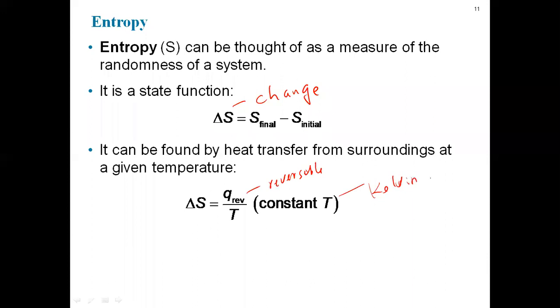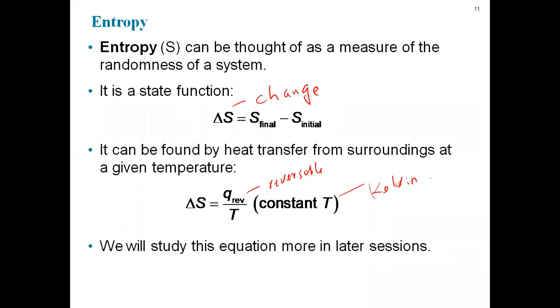So we can use those reversible physical quantities to calculate our delta S. Then we can use those results in some other process, or in our real process that is irreversible. We'll study this equation more in later sections.